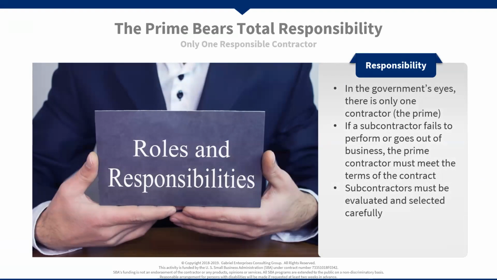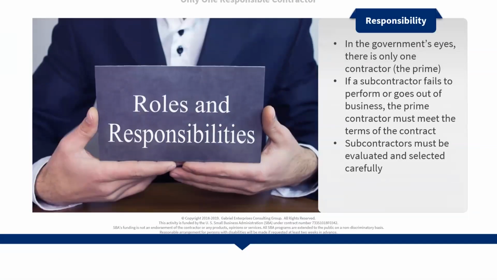But the government's going to look to the prime contractor for meeting the requirements of the contract, which is why with subcontractors, you have to be very careful with the amount of work you're delegating to them and knowing that subcontractor as much as possible before choosing them to be on a team.